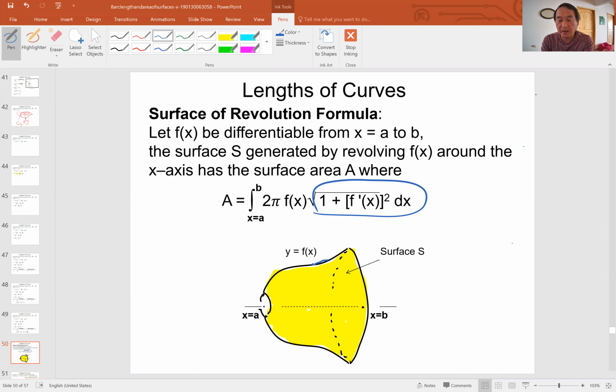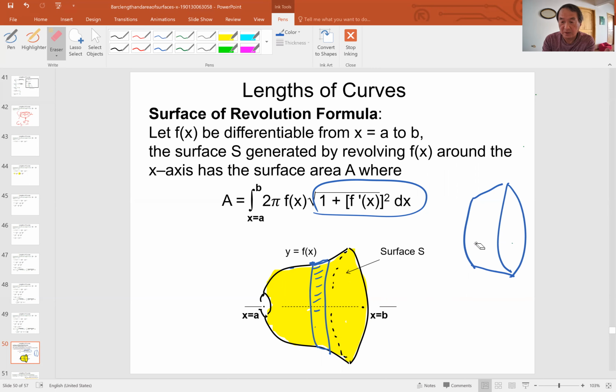Basically, again, we're going to replace this curve by line segments. Then as I follow a line segment, as it spins around, I want to find out the surface area. So I use that straight line segment, which spins and forms a frustum.